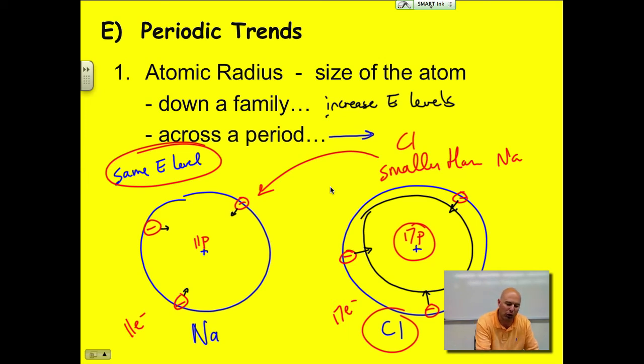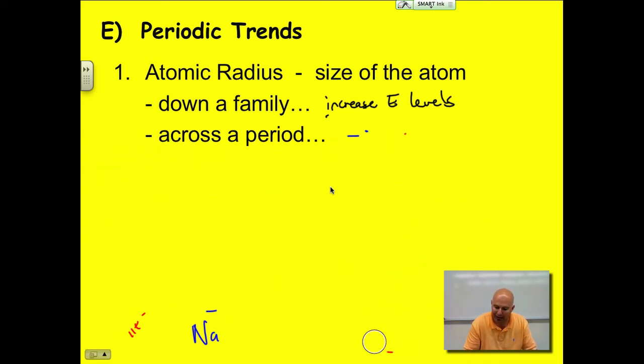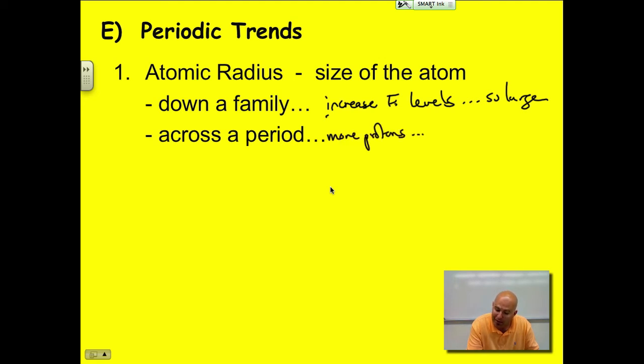So as you go across a period, atoms get smaller. Larger as you go down. Across a period, I'm going to put more protons, therefore get smaller. Again, that's the reason why.